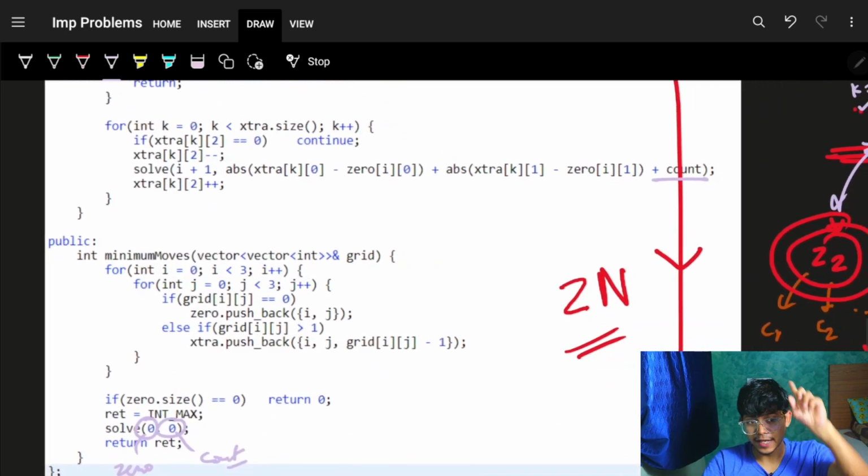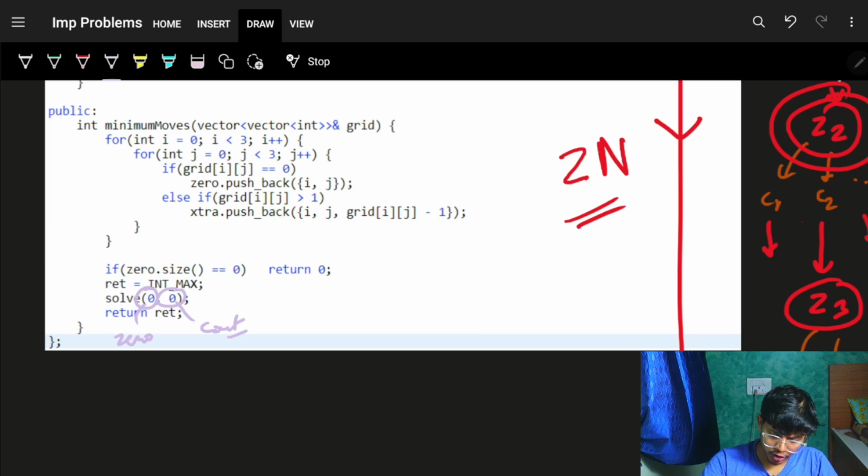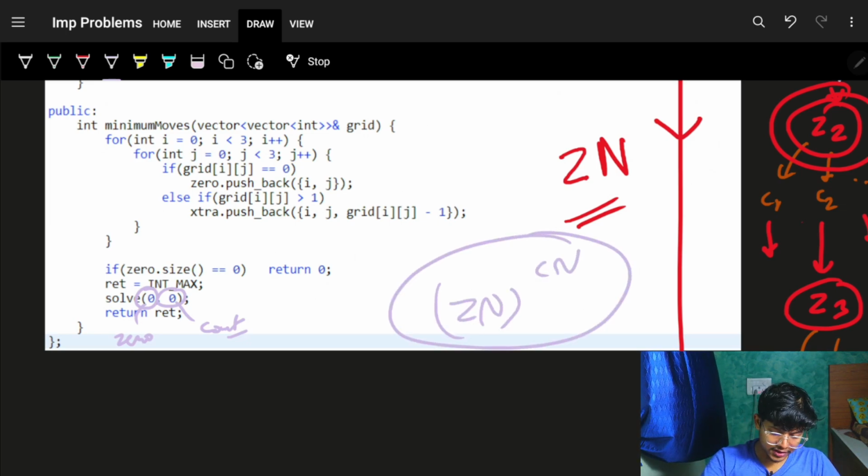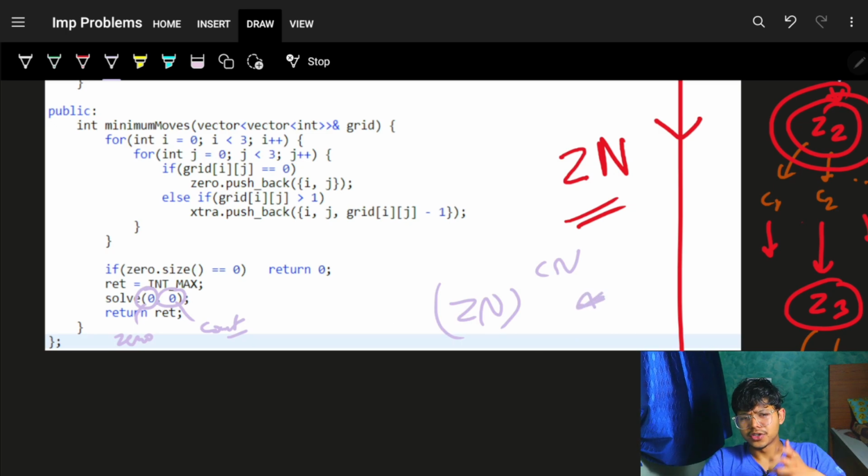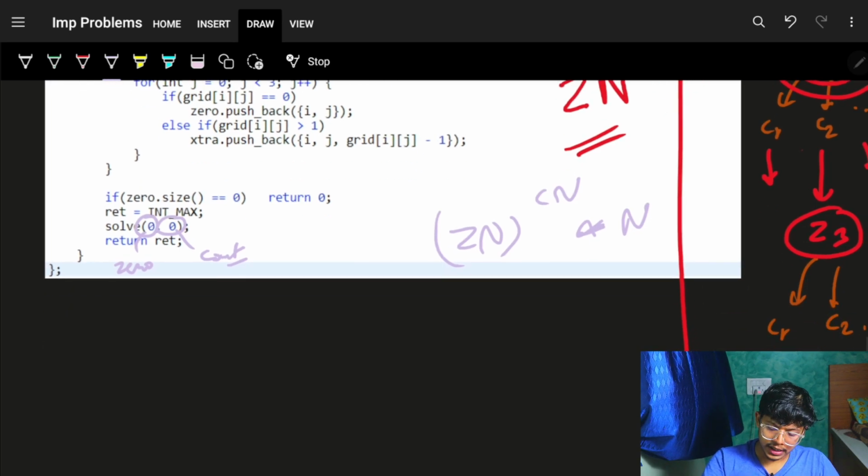And the complexity, I have explained above also, is not much: Zn raised to the power Cn. For this entire concept, you can also have a bit of n for iteration and stuff, but that would again not be much. And this value's maximum is 1k.